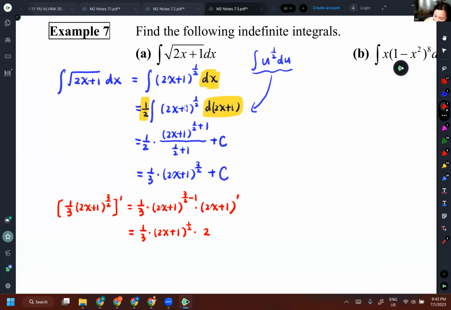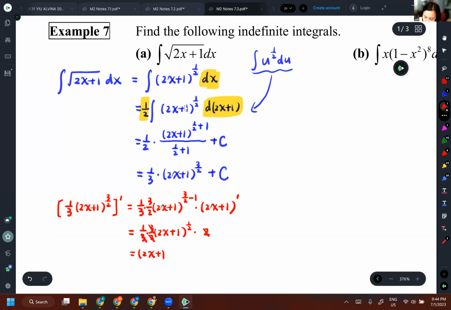Oh, sorry, I lost something. Oh, there is a coefficient. Yes. And then now in the end, you see, they cancel each other out. 2x plus 1, 1 over 2.